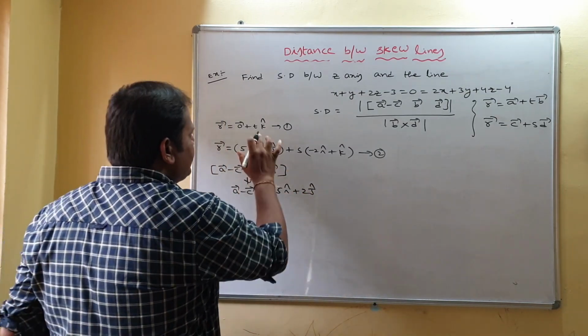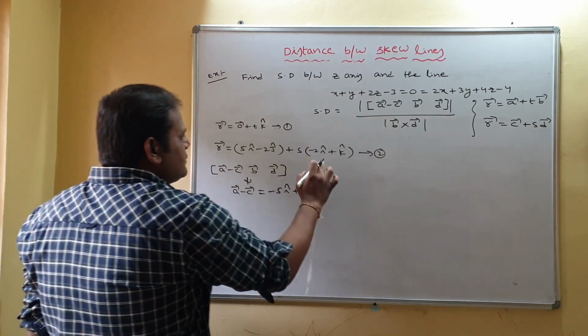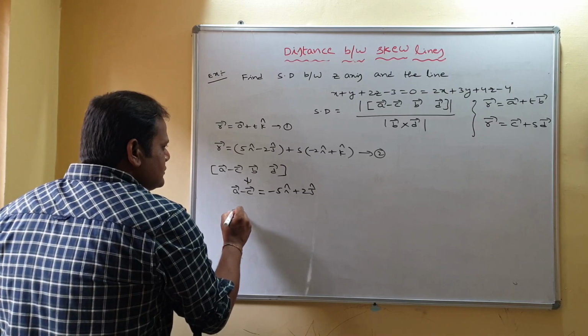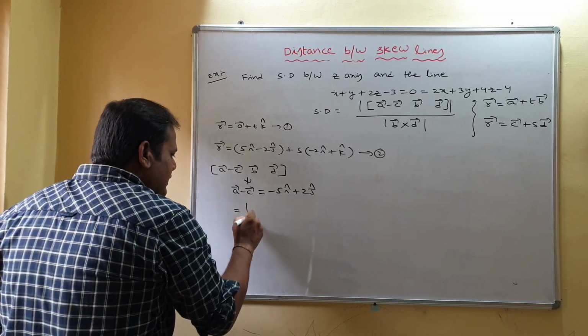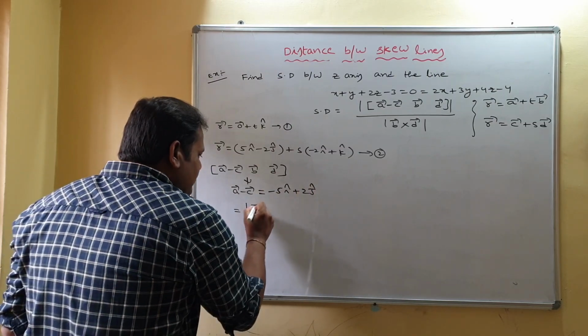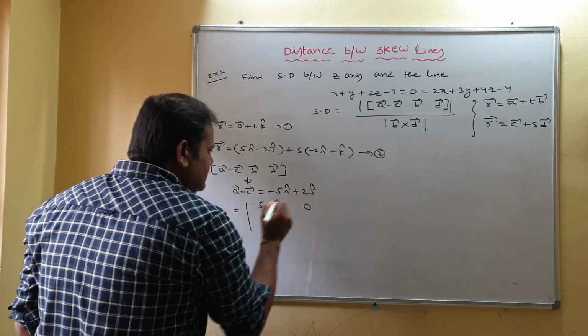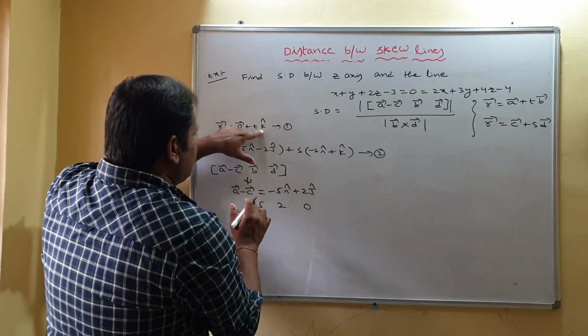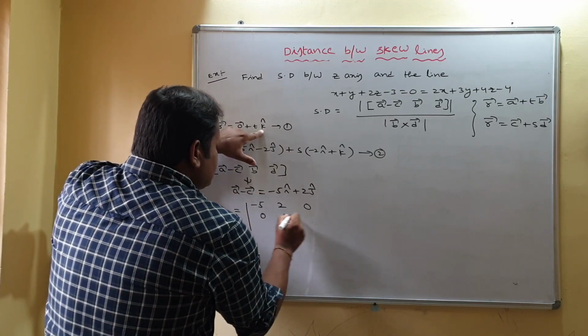And you know B bar, this is D bar. So you take that box value. The box value is the determinant. First vector is A bar minus C bar, so take minus 5, 2 and 0. Second vector is B bar, which is K cap, so 0, 0, 1.